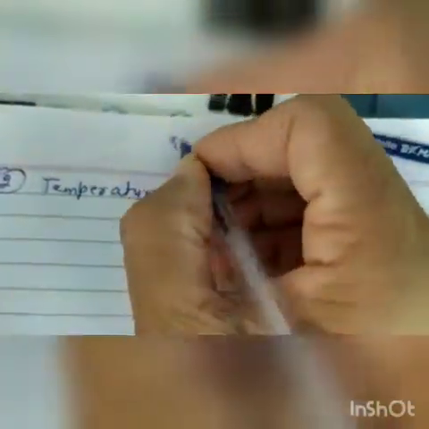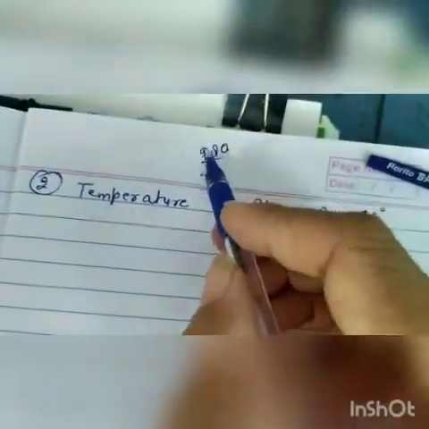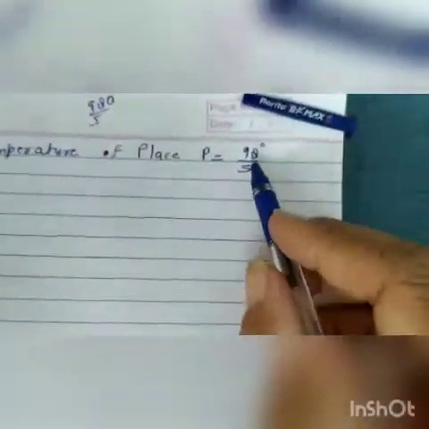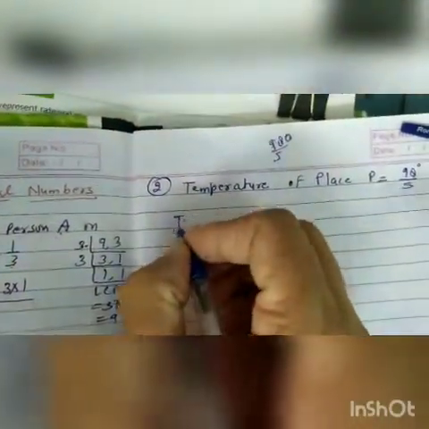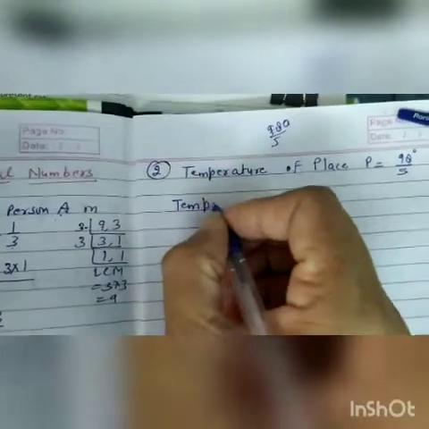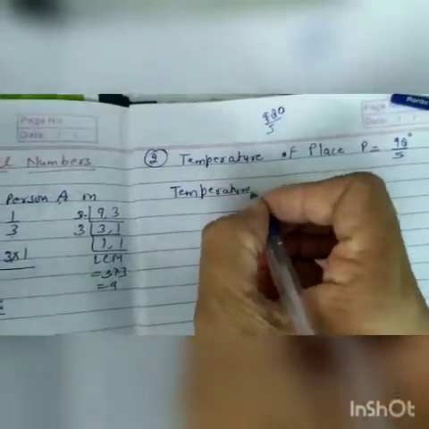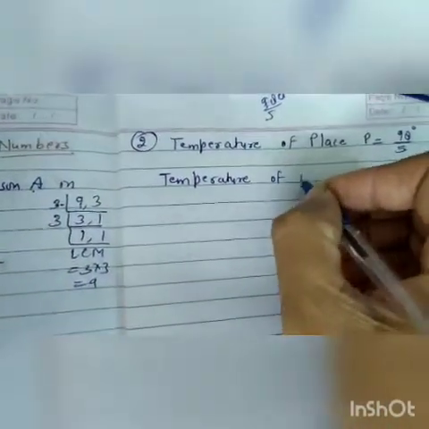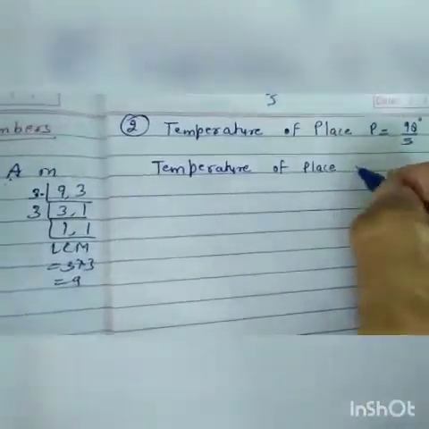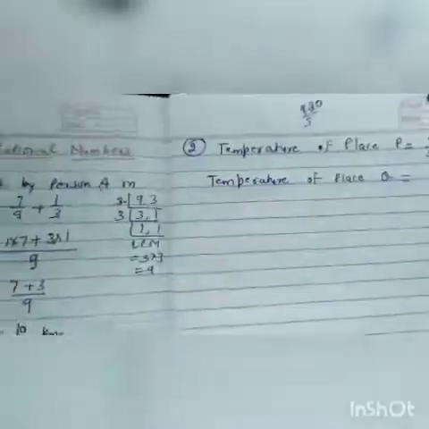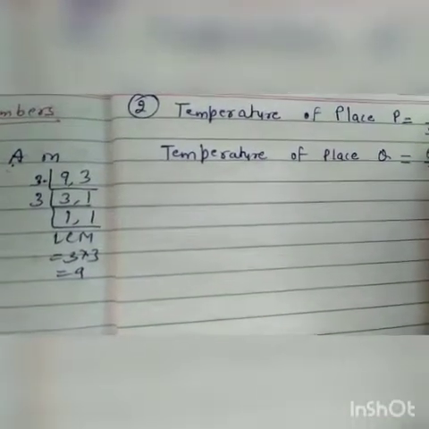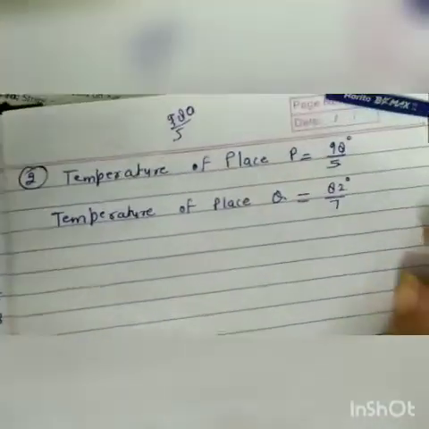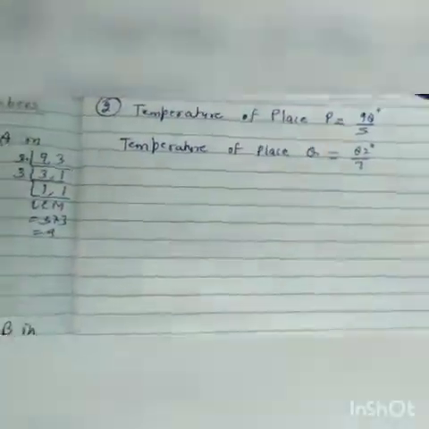Do not write it like this. It is 98/5, not 980. So be careful when you write this temperature. Then temperature of place Q. It is given 82/7 degree. So we will compare these two temperatures.